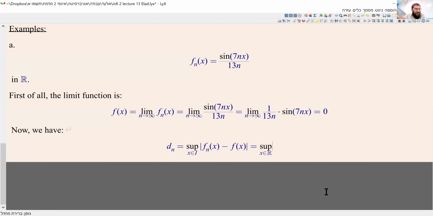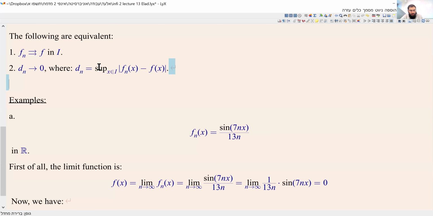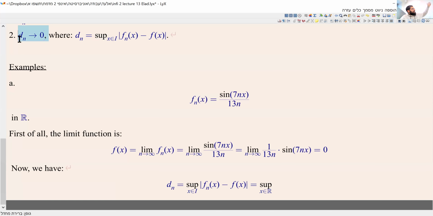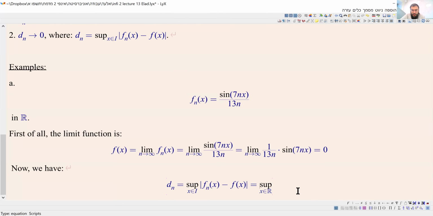It's not connected to improper integrals, but the definition is similar. When we define improper integrals, we define it by two steps: you calculate the integral, and then you take b to infinity. It's the same here. We calculate the dn, and then we ask ourselves, does this dn we find go to 0? Yes or no?